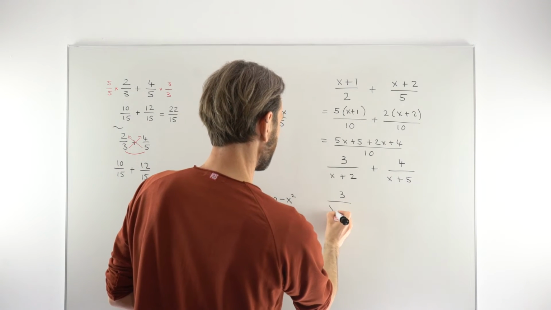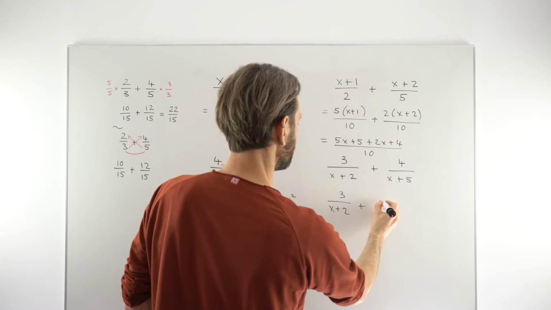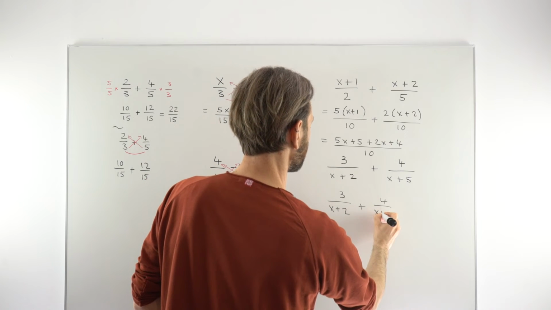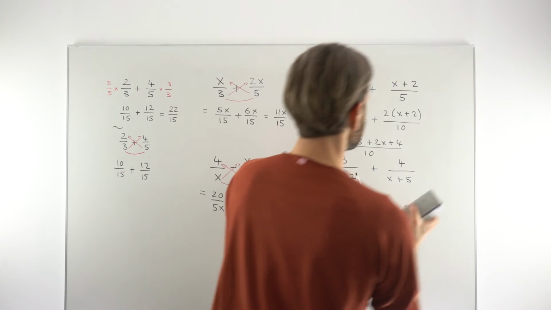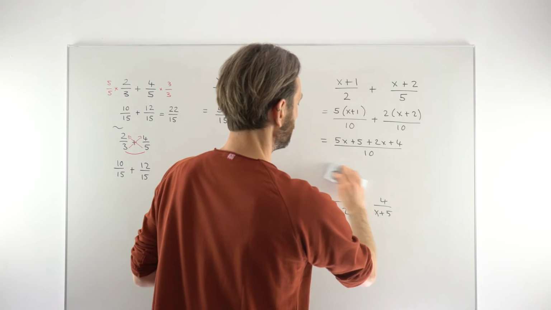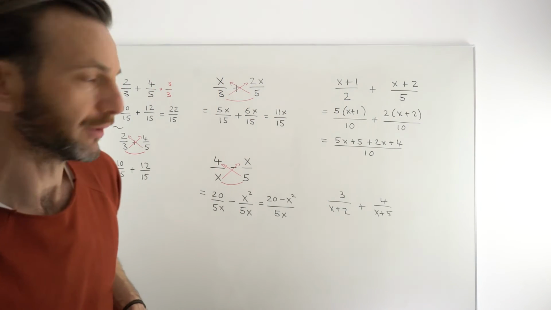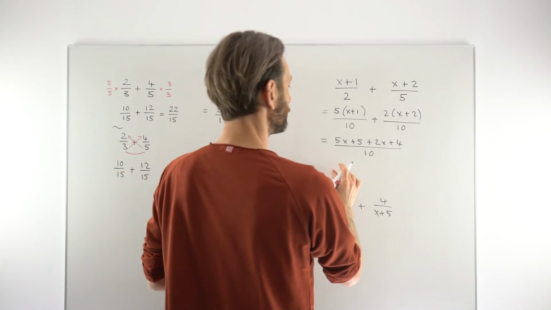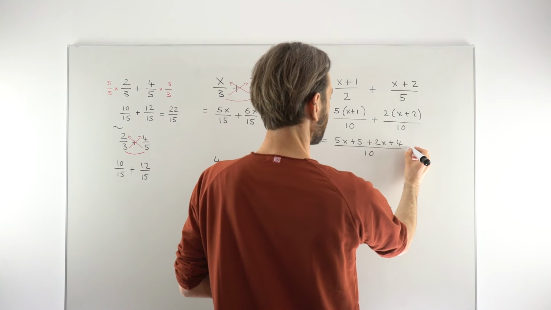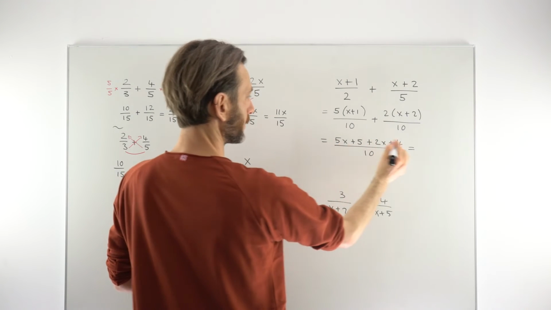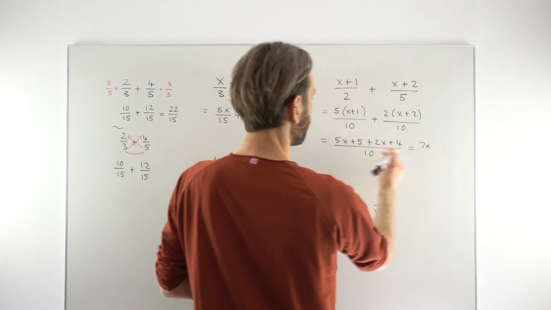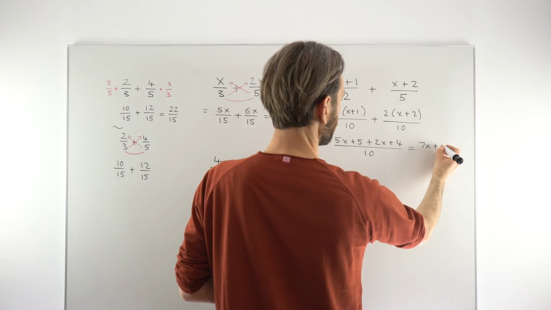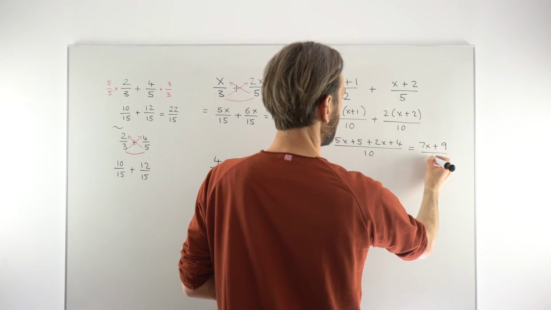So 3 over x plus 2 plus 4 over x plus 5. So there's only really one more step here, which is just to tidy up the top line by simplifying the like terms. I might squeeze that in over here actually. So 5x plus 2x is 7x, 5 plus 4 is 9, so 7x plus 9 over 10.